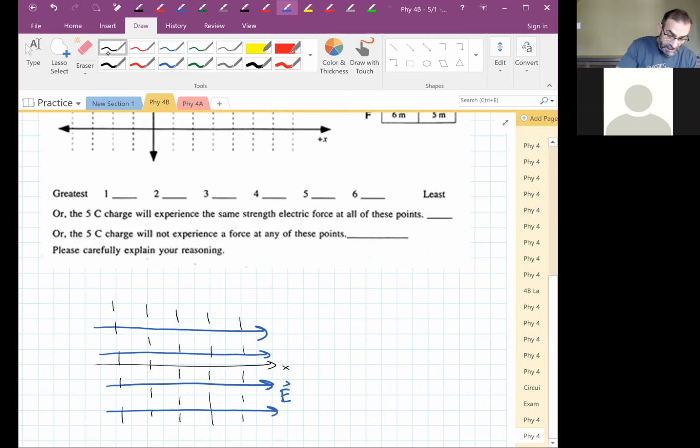What if these were my equipotential lines?